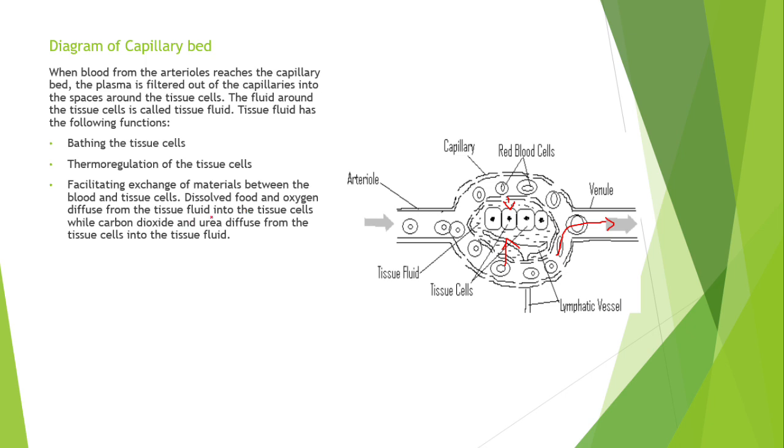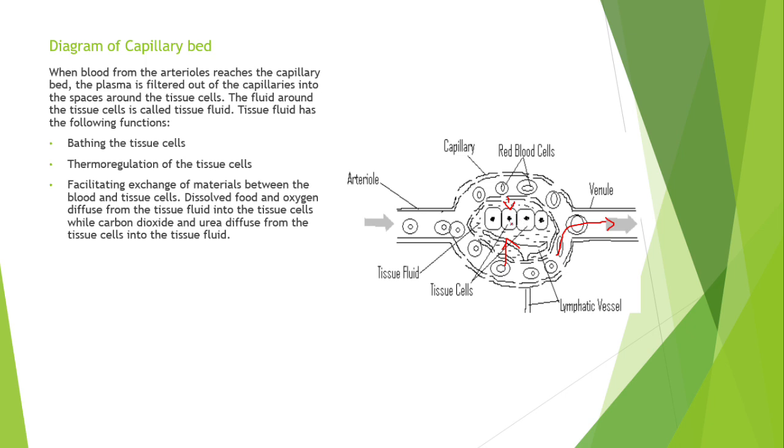So dissolved food and oxygen diffuse from the tissue fluid into the tissue cells. So first of all, this blood is the one which contains dissolved food and oxygen. It will diffuse from blood going into the what? Tissue fluid. And then the tissue fluid now will pass it over to the tissue cells.